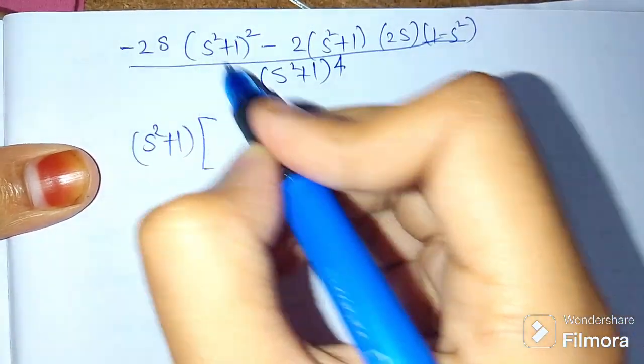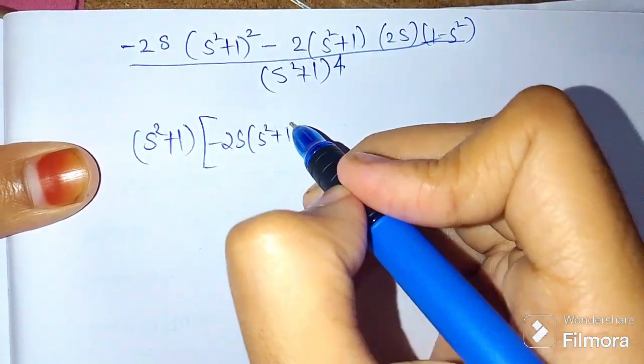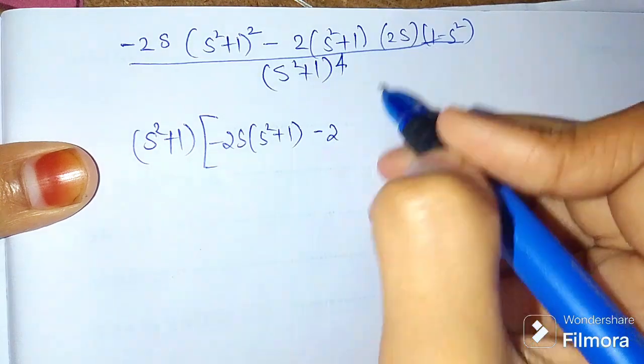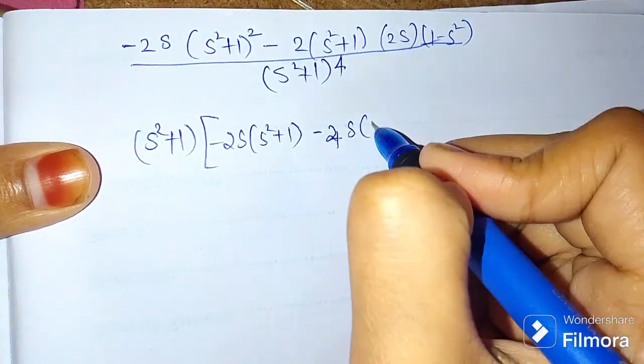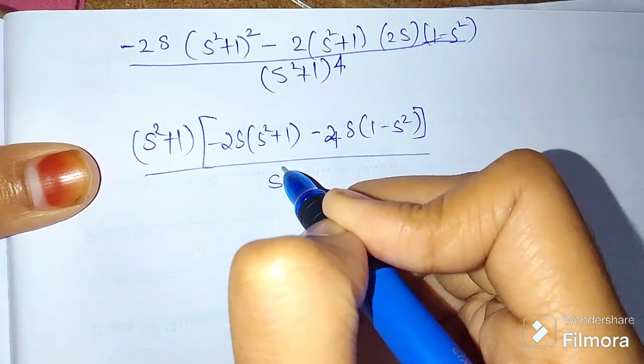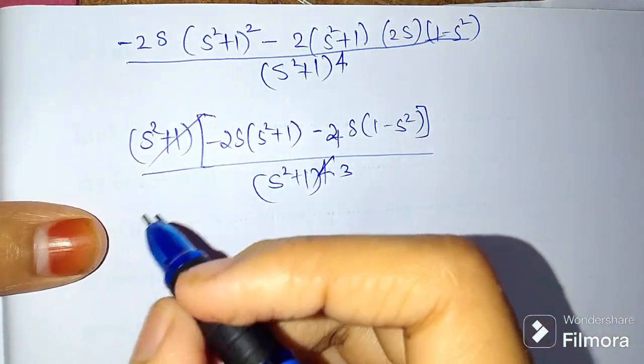Common: so minus 2s into (s square plus 1), and here minus 2 into 2, 4s into (1 minus s square), by (s square plus 1) whole power 4 is cancelled.